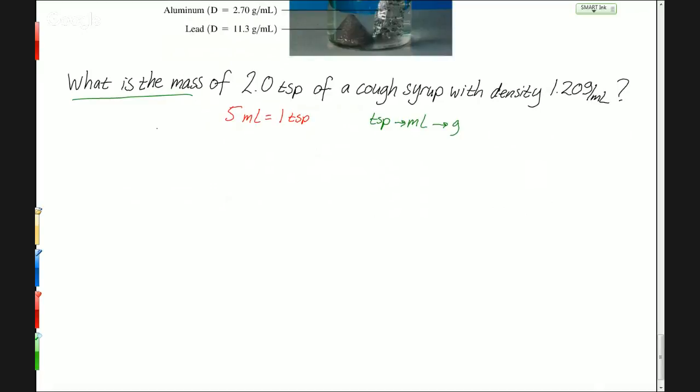So we set it up exactly the same. 2.0 teaspoons. First step is to do what? Actually, you know what? Just try it first.